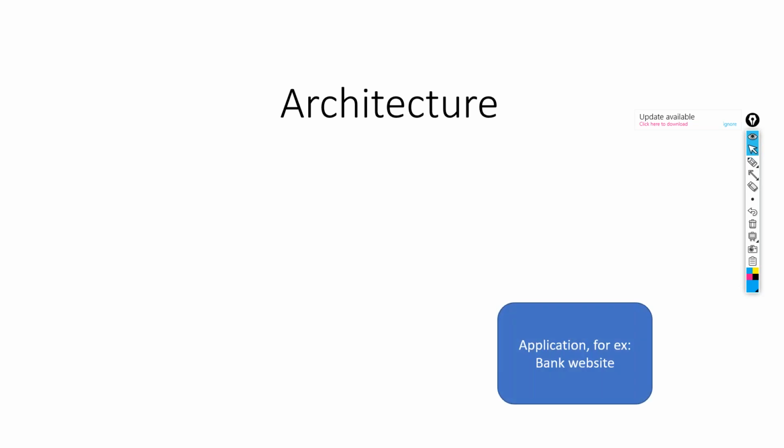Okay, let's say we have some application, or let's say some bank website, and to test this bank website, let's say what is the peak time. Let's say generally the bank opens around 10 a.m. in the morning, or let's say more people are accessing this bank application from 10 a.m. to 11 a.m. in the morning, right?